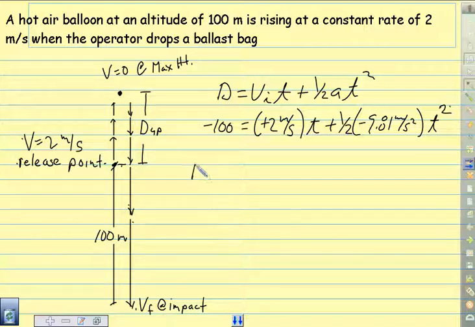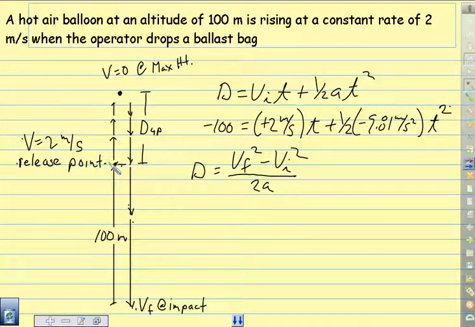Now, there is another way to do this without solving this quadratic. Let's take a look at this. If I want to get this final velocity, all right, now I'm going from this point to this point. So what is the vertical distance between those two? It is negative 100.